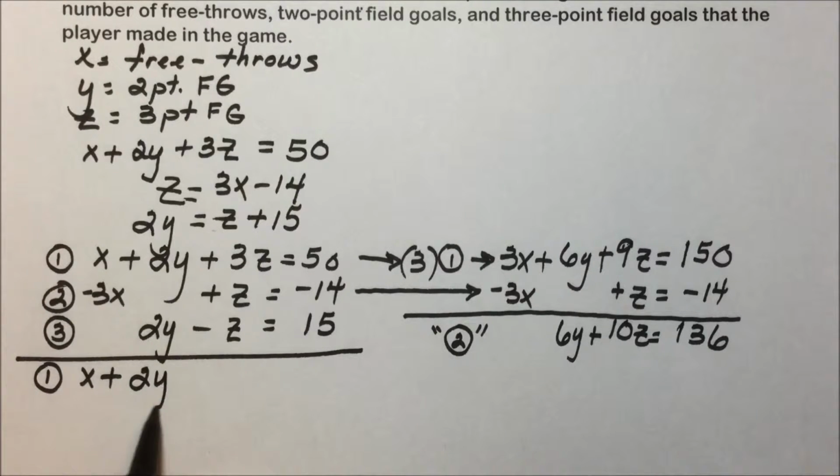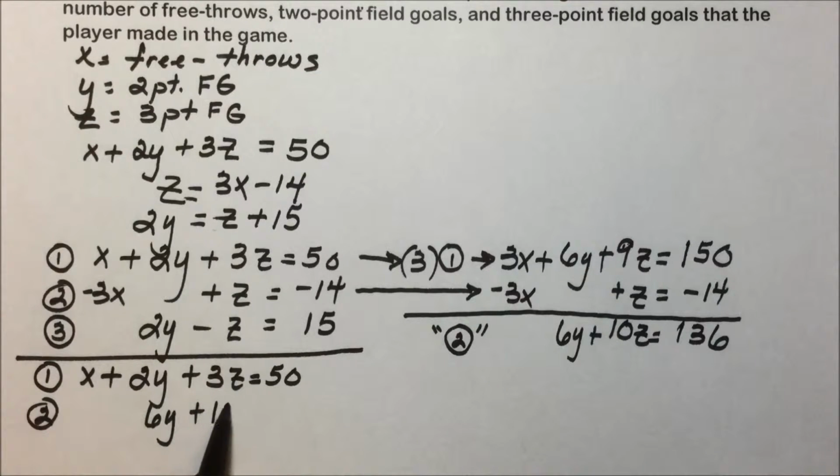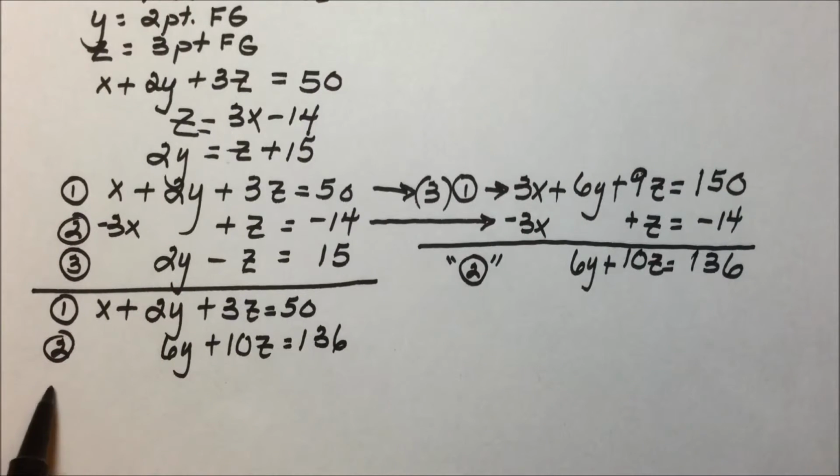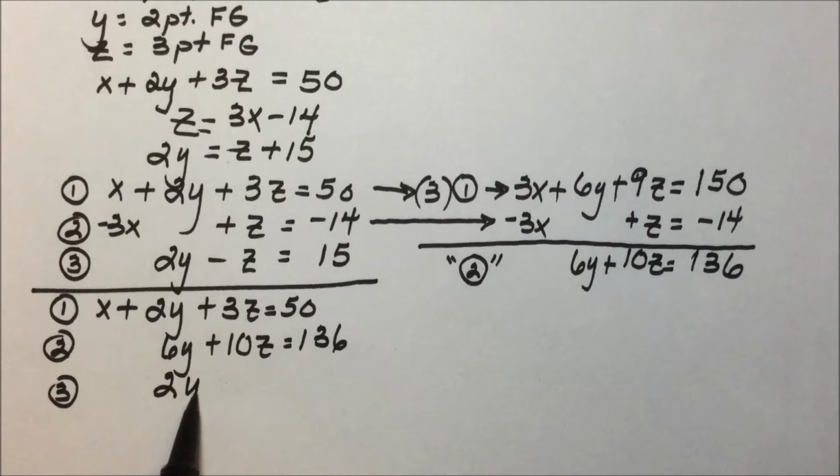X plus 2y plus 3z is equal to 50. We have a new second equation, it is 6y plus 10z is equal to 136. And our third equation already has x gone, so we have a 2y minus z is equal to 15.